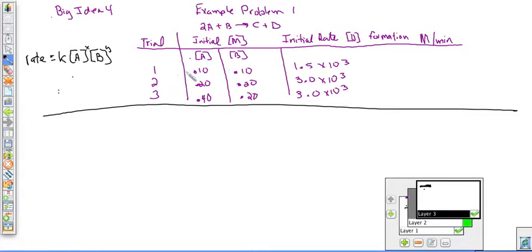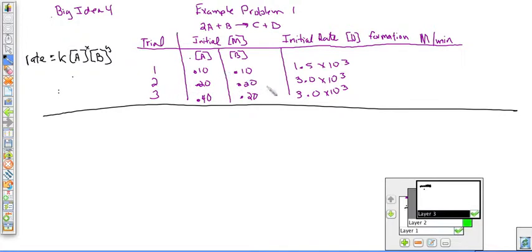So let's take a look right here. In our first reaction, we have 0.1 and 0.1, and our rate is 1.5 times 10 to the third. In the second trial, we double both of them. Now, when we double both of them, it only doubles the overall rate. So that means that one of these is doing something to the first order, and the other one isn't.